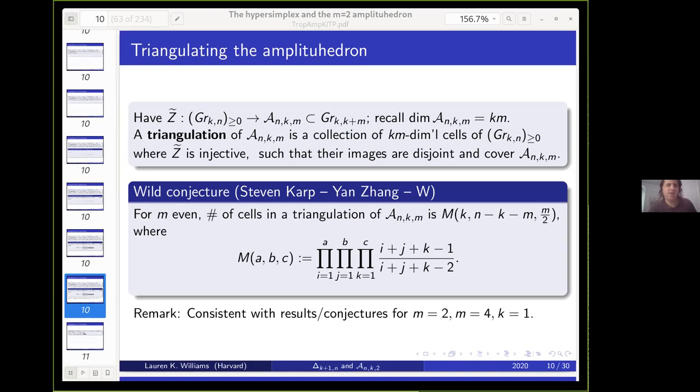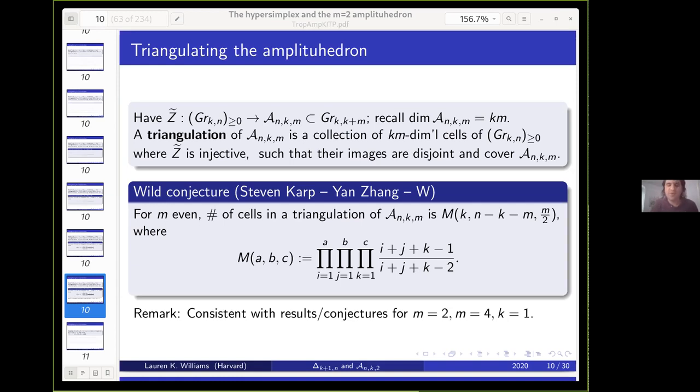So are the boundaries of the momentum amplituhedron for m equals 2 the same as the boundaries of the hypersimplex, or not? Yes, the structure is exactly the same. The hypersimplex has two types of boundaries, one of the type delta k n minus 1, and the other of delta k minus 1 n minus 1, and the same is true for the momentum amplituhedron. Okay.